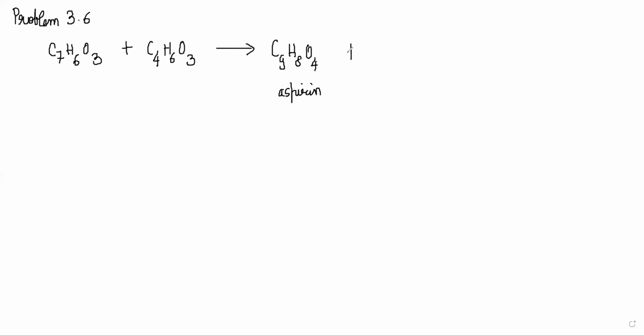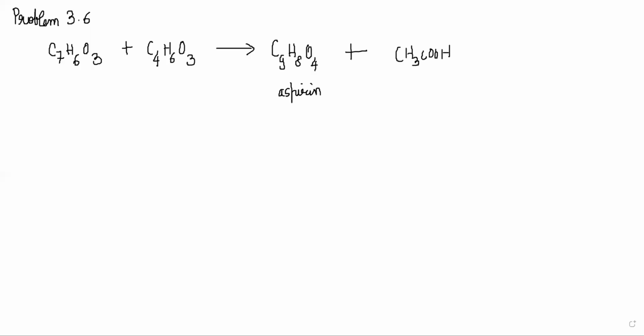Aspirin is prepared by the reaction of salicylic acid C7H6O3 with acetic anhydride C4H6O3 to give C9H8O4, which is aspirin, plus CH3COOH, acetic acid.